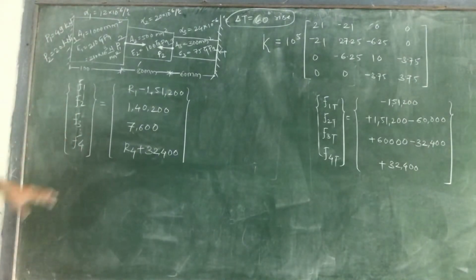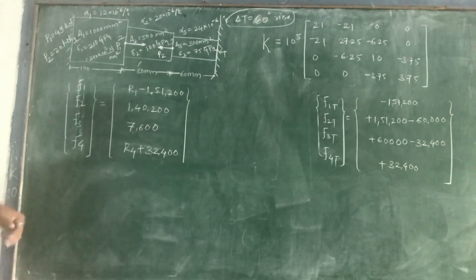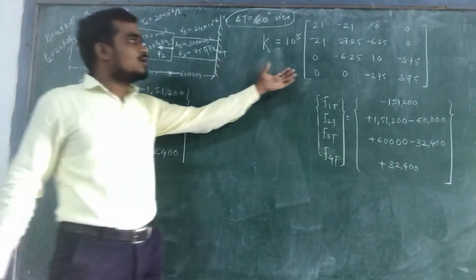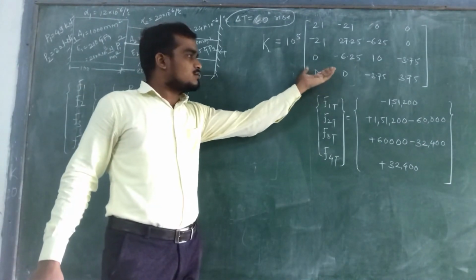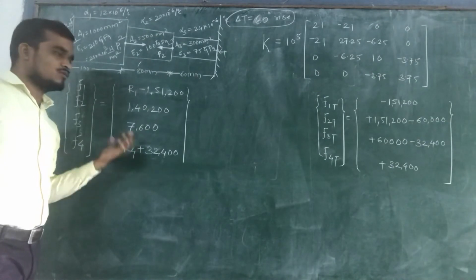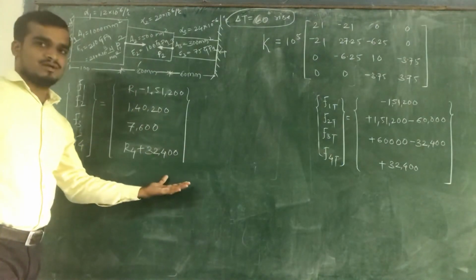due to point load. Okay. So next step is what? Now we need to construct, as we have already constructed our global stiffness matrix, and here we have constructed our global force vector due to temperature rise as well as due to point load.